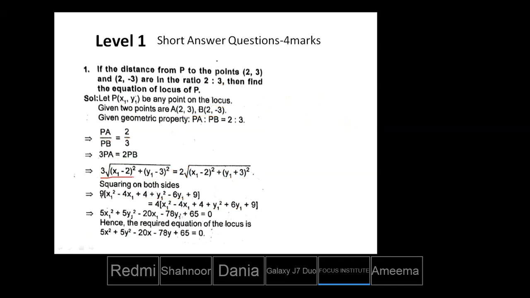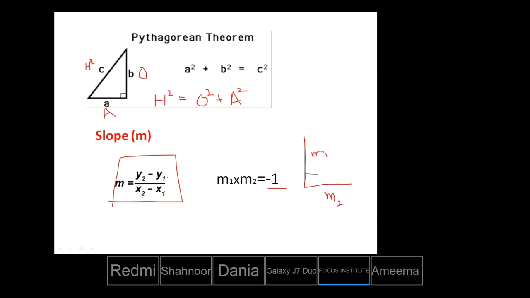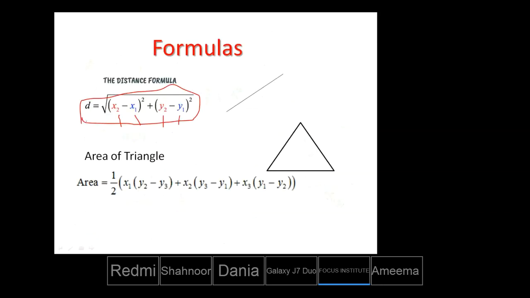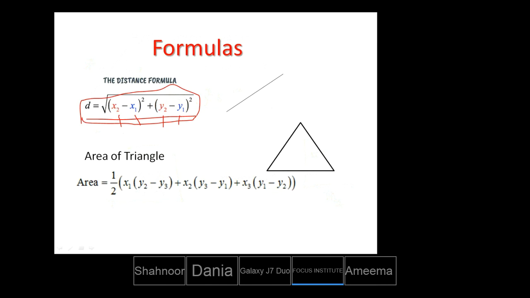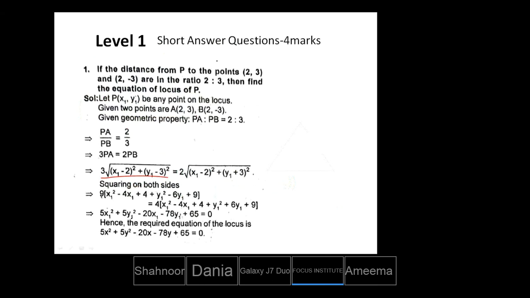So what is the distance formula? Distance formula is nothing but d is equal to root of x2 minus x1 whole square plus y2 minus y1 whole square. So we are squaring on both sides. So x2 minus x1, that is x1 minus 2 whole square will be x1 square minus 4x1 plus 4, and y1 minus 3 whole square will be y1 square minus 6y1 plus 9.